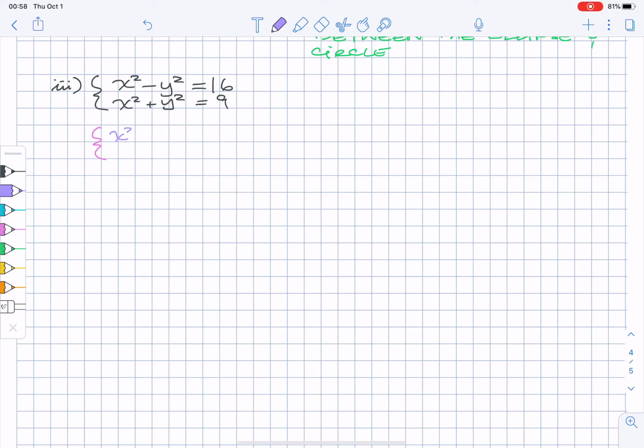So x squared minus y squared is 16, and x squared plus y squared is equal to 9. Well, right away, I can eliminate the y squareds just by adding these two. So that gives me 2x squared is equal to 25, because these are going to reduce.